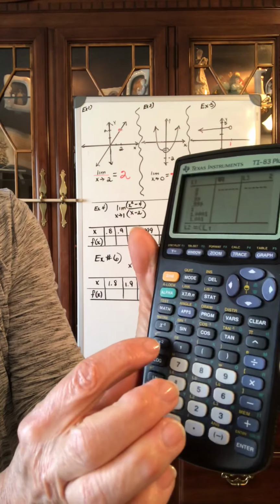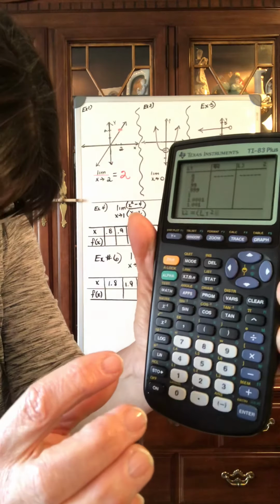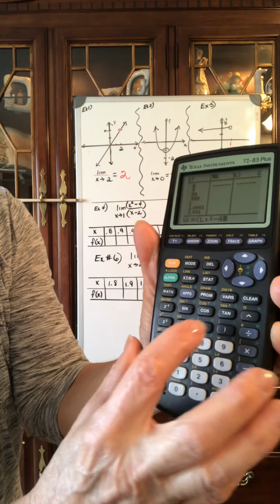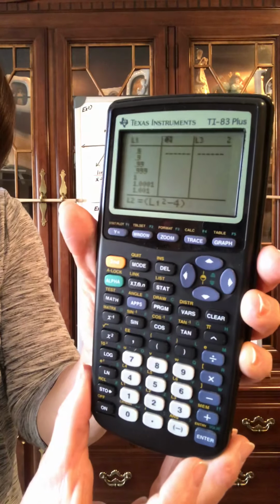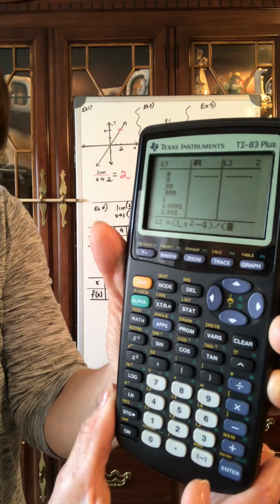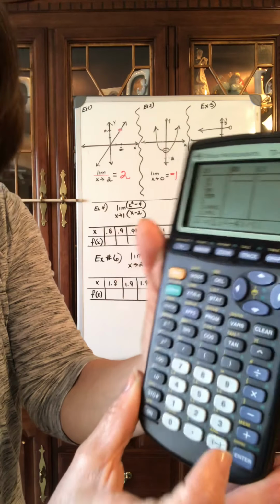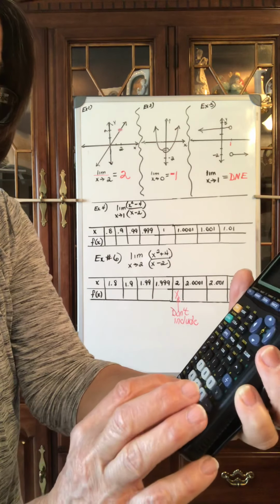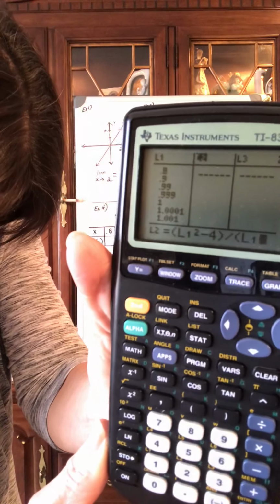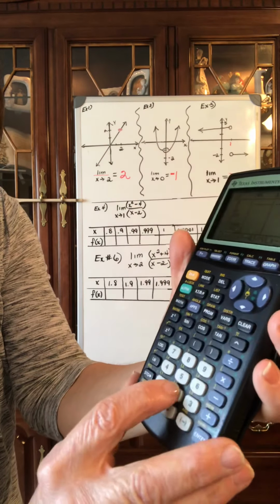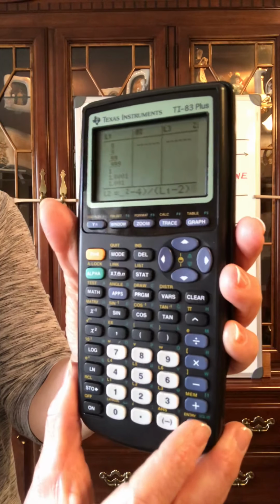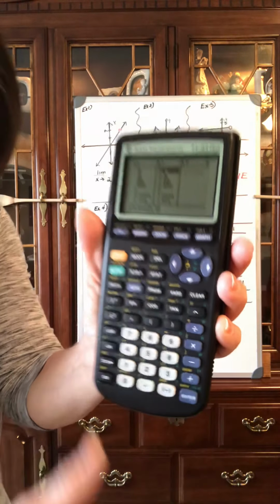I want all of those values squared, minus 4, close the parentheses for the numerator, and now I need to divide those by opening a parentheses for the denominator, all of my L1 values that I've typed in. So second above the 4 is my L1, minus 2, close the parentheses, and when you hit enter, it's going to calculate all of those y values.